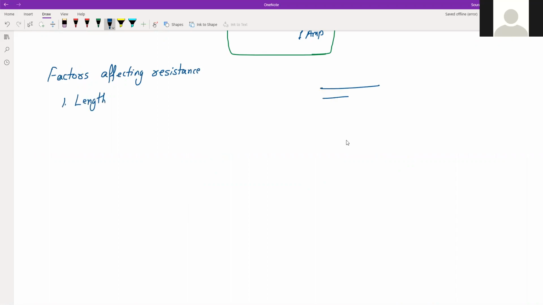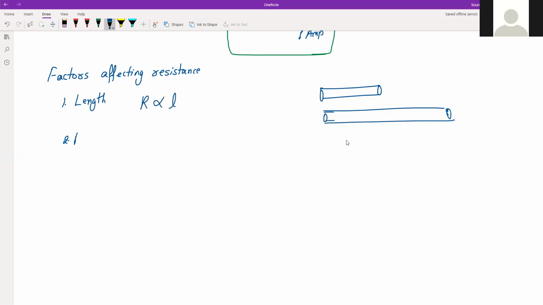Suppose this is the conductor, which is only this much long, and there is another similar conductor but of larger length. So who gives this resistance or the opposition? It is the internal atoms which are giving that. So now if I increase the length of the path, obviously what will happen? The resistance will be felt for a longer length. So we say that R is directly proportional to L.